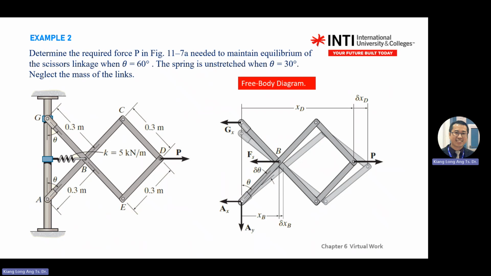And there's a distance of the original D point to the right, delta x. Sorry, to the right now. P will move to the right. D point will move to the right, but the member AC will rotate.